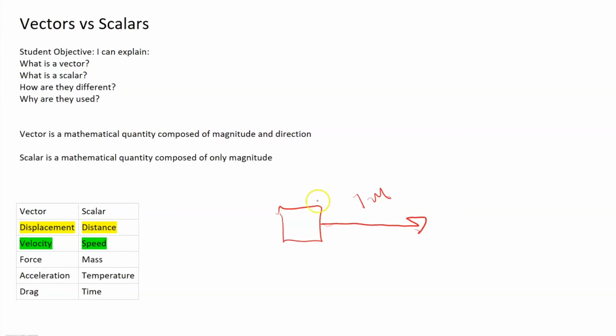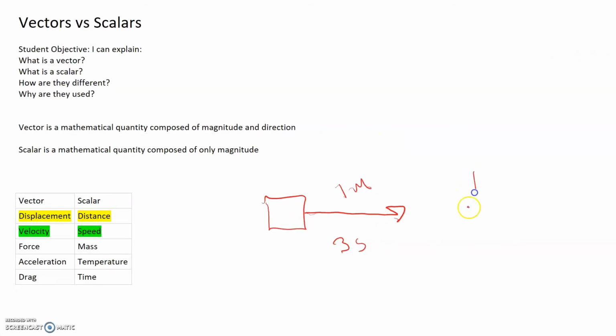So for example, if it took me 3 seconds to move this box 1 meter to the right, let's say it took 3 seconds. Velocity and speed are both distance over time. So if I only wanted to express this as a speed, I would put 1/3 meters per second.